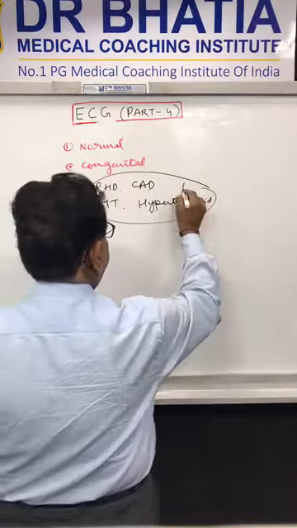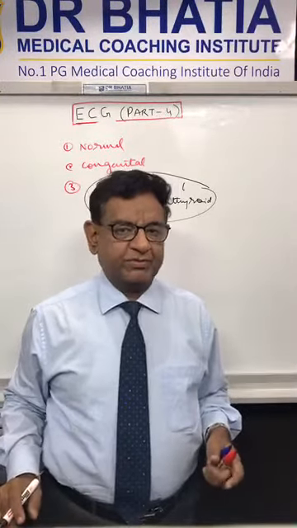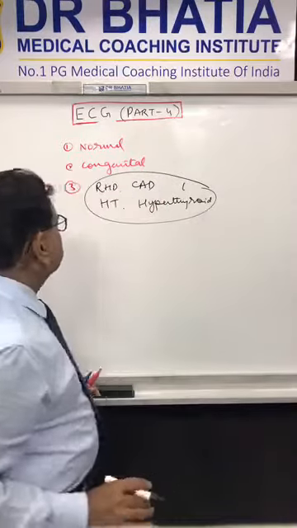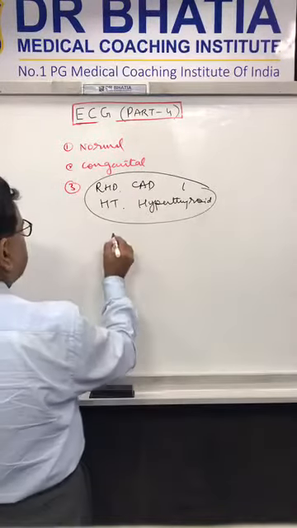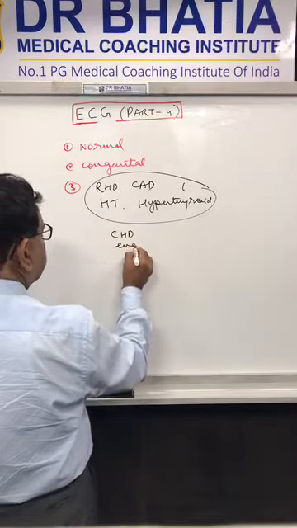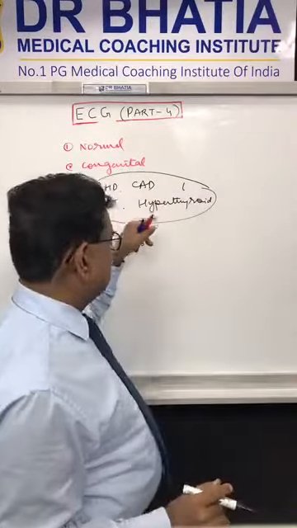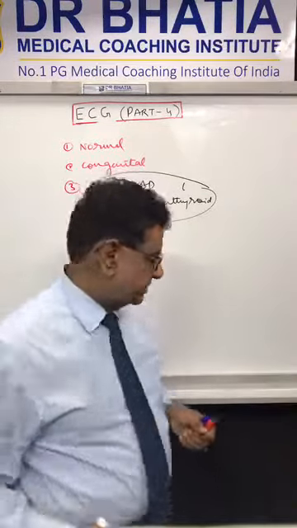They are the four major causes of AF, a very frequently asked question. Otherwise, it can occur in congenital heart disease, and it may occur in endocarditis and so on. But you don't have to forget these four major causes.